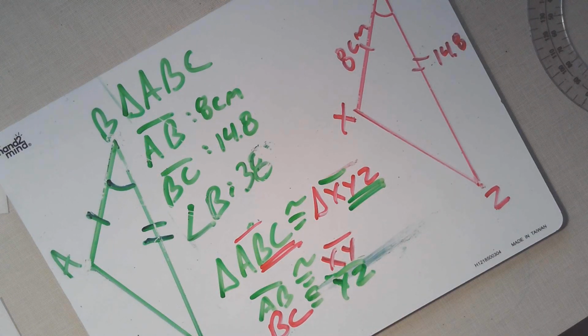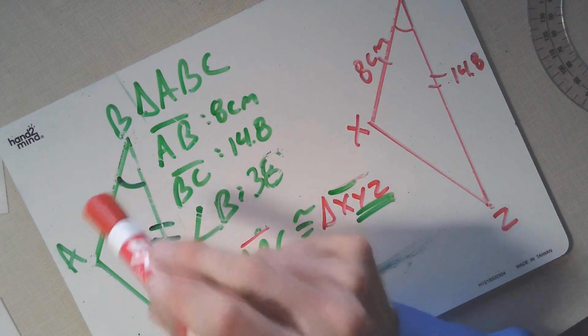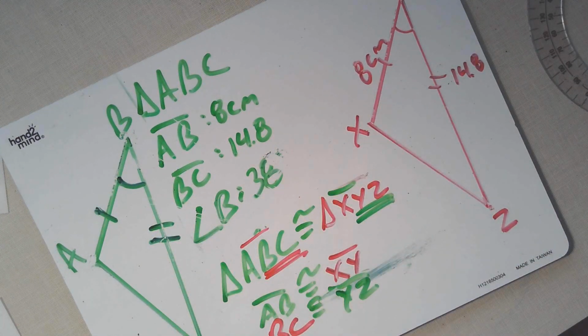Okay? And then in between those two, the angle has to be in between the two lines, just like in angle side angle, the side has to be in between the two angles.